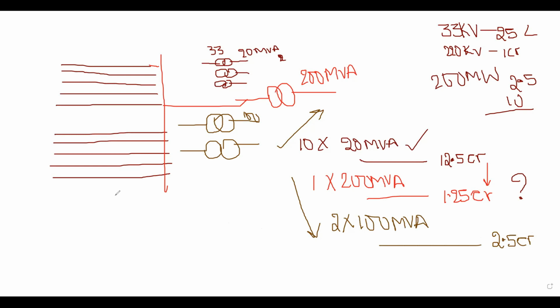Another person said that in this case, if you lose one transformer, you are losing 100 megawatts of power. Another person came and said he will go with 3 into 100 MVA transformers. So if one transformer fails, he can still pump 200 megawatts of power.